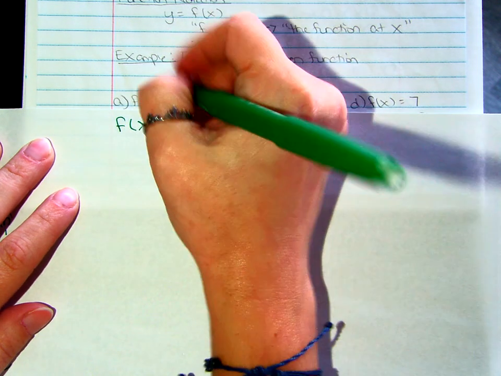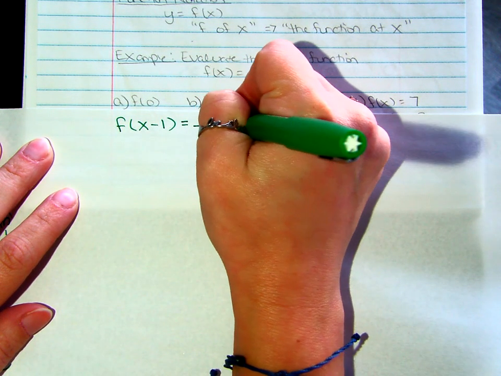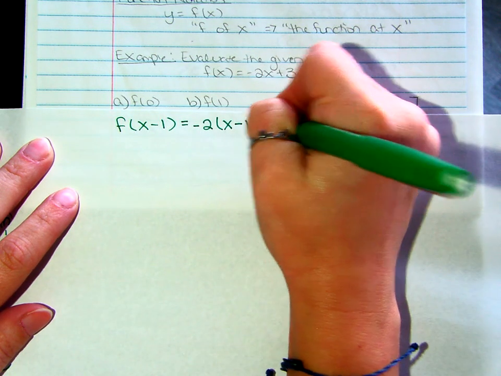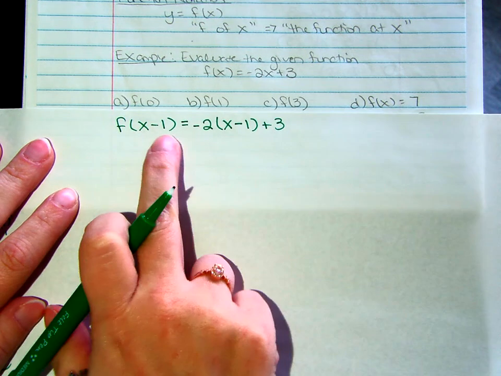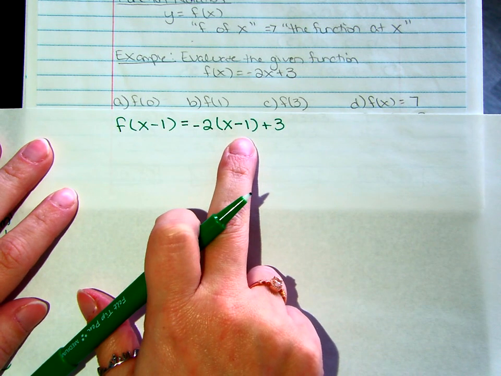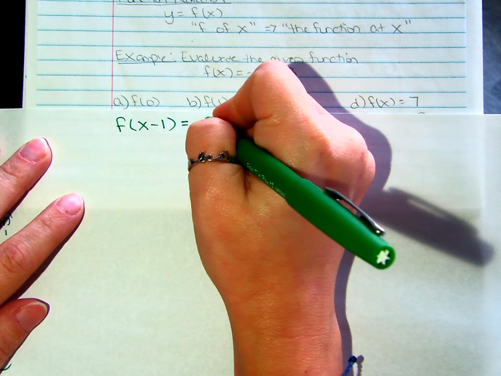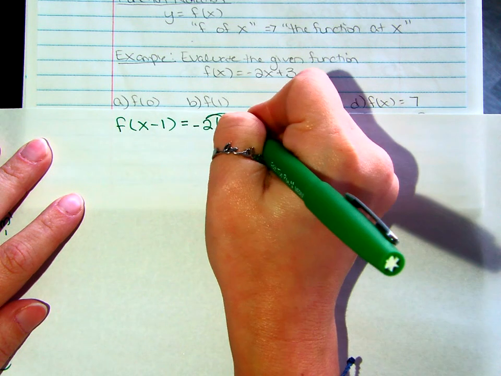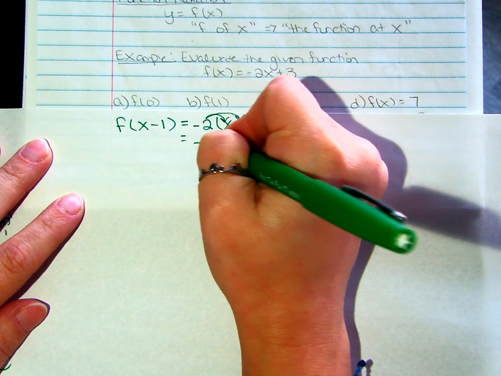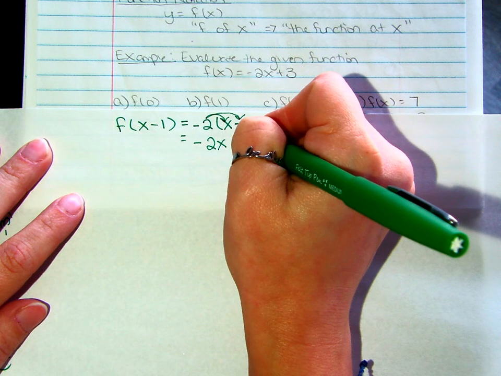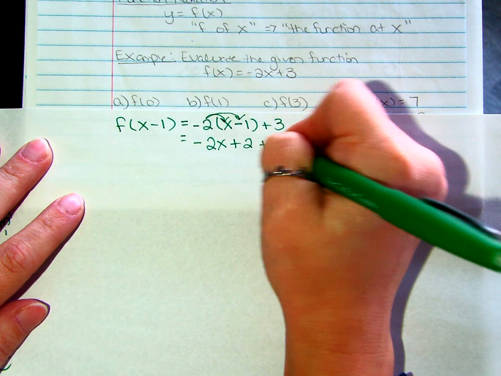So instead of negative 2 times x, I will now have negative 2 times (x minus 1). Whatever is in here goes wherever my x was. And now I would simplify by distributing the negative 2. Negative 2 times x is a negative 2x. Negative 2 times a negative 1 would give me a positive 2. And then I still have this plus 3 out here.